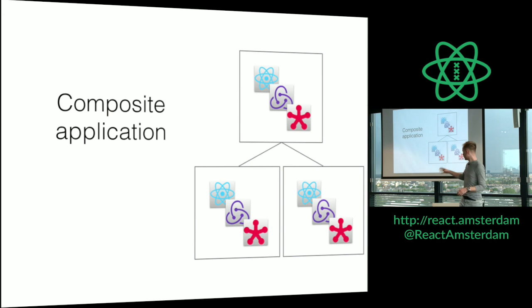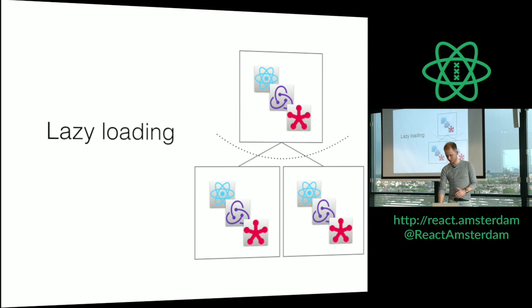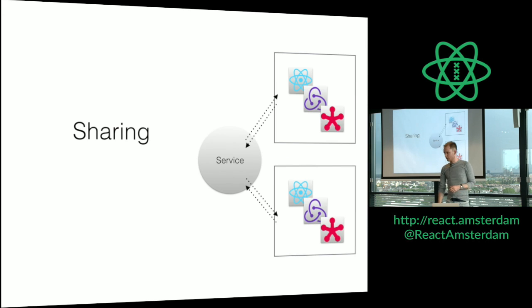And just like you do with components and reducers and routes, what if you then compose again with whole applications? That gives all sorts of interesting benefits. As you navigate through the parent application and load child applications, you can lazy load those. If you need some sort of shared API, you make services.